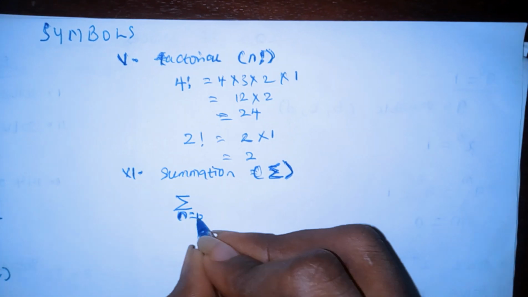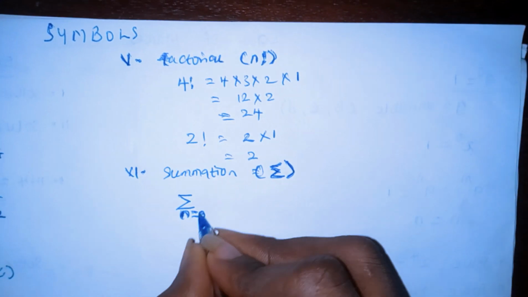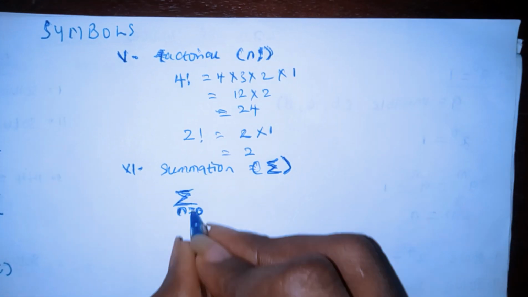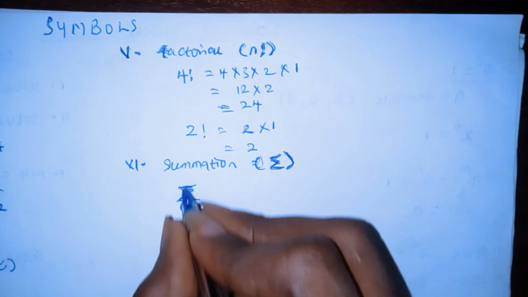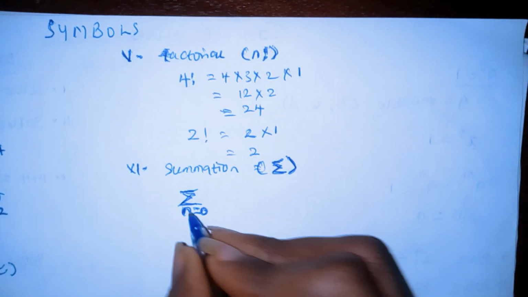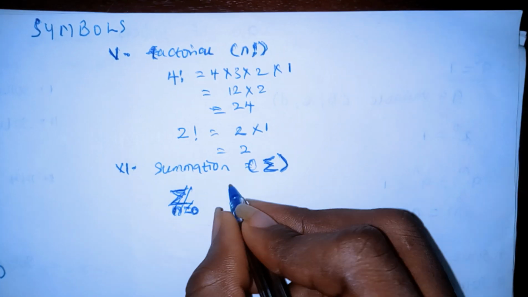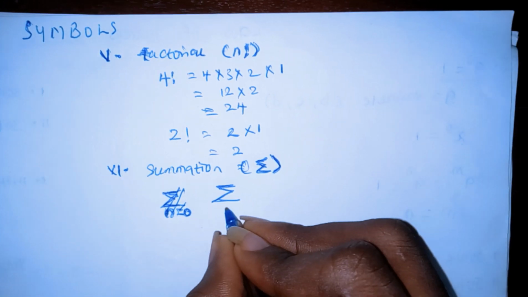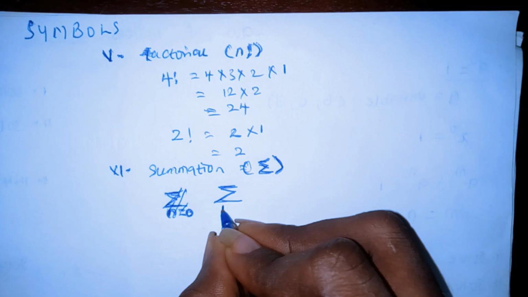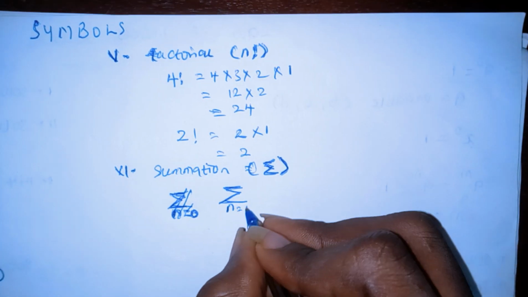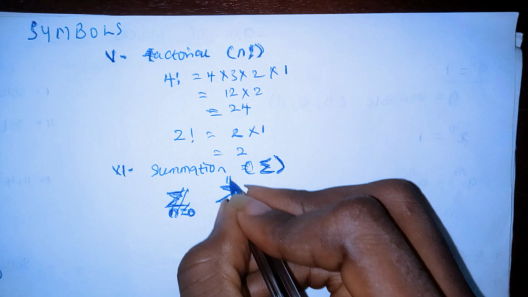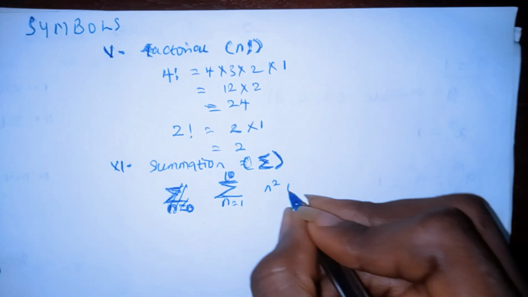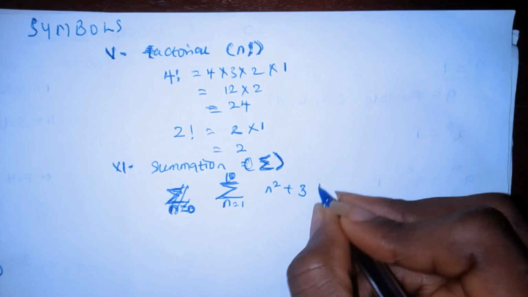I've forgotten how it is being written, but know that, for instance, if a question comes in the form of a summation, like summation n is equals to 1 to 10, and you see the symbol like here, n squared plus 3 plus 4.